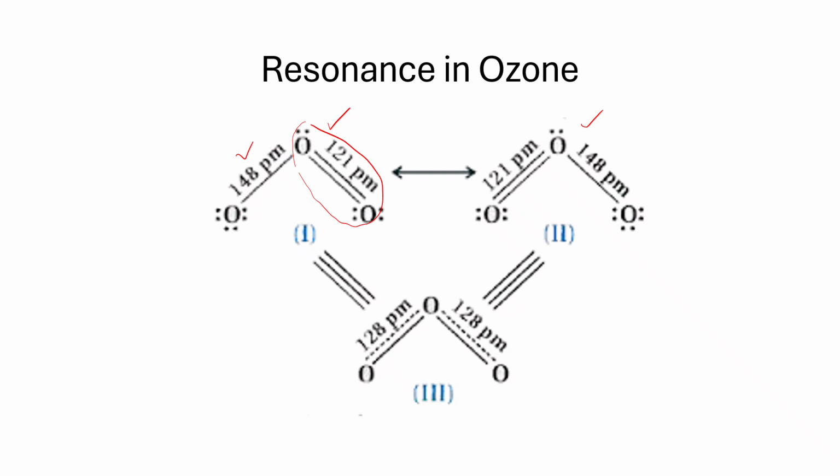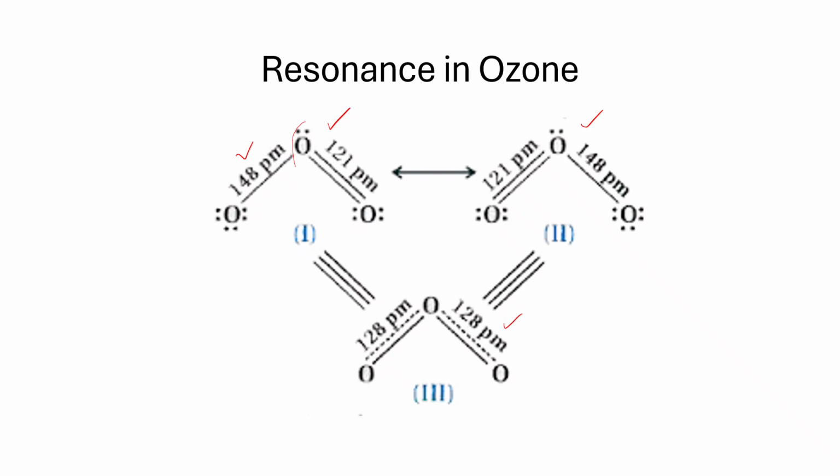But as you might have figured out in the engage section of this inquiry board, the actual bond length lies somewhere between the single and the double bond. And this is where we invoke the concept of resonance.